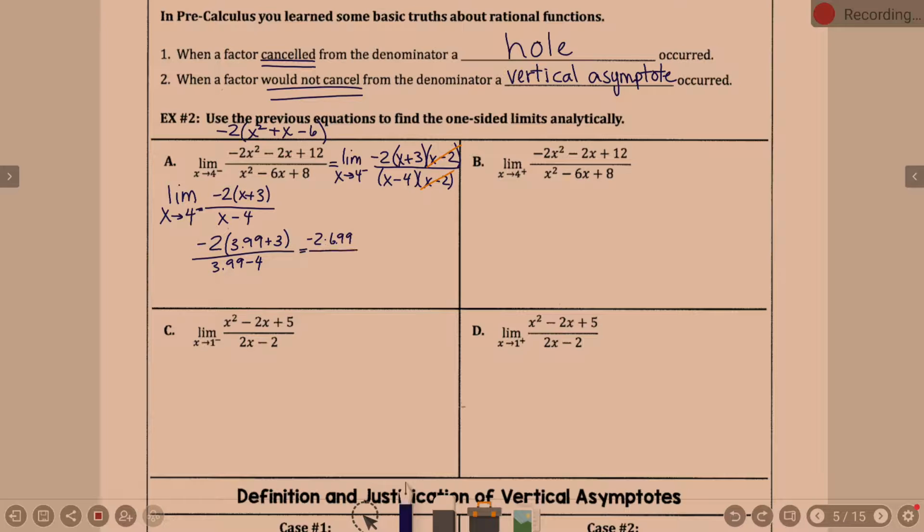So on top, it's negative 2 times 6.99. On bottom, it's negative 0.01.